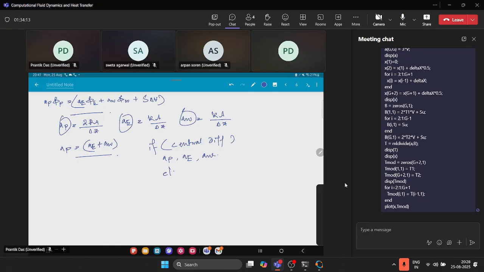Else if it is another scheme, your AP, AE and AW will be another value, and so on. That's how you can write the program in a modular manner, and then use it to create your CFD solver. Is it clear to all of you?